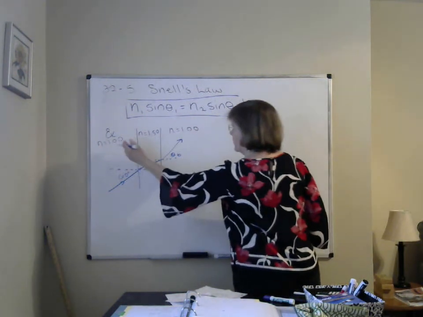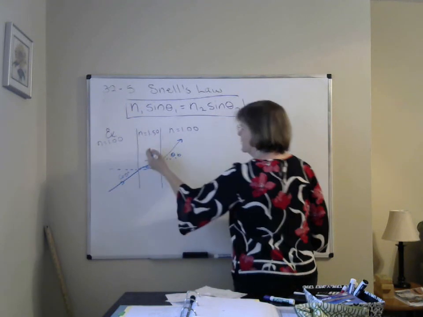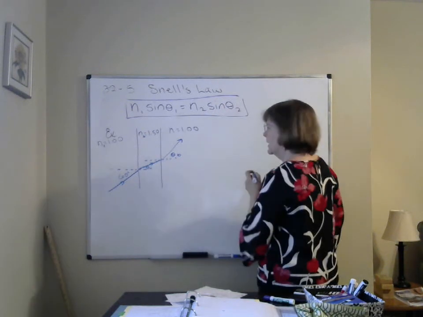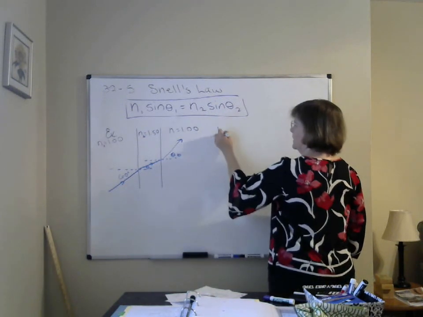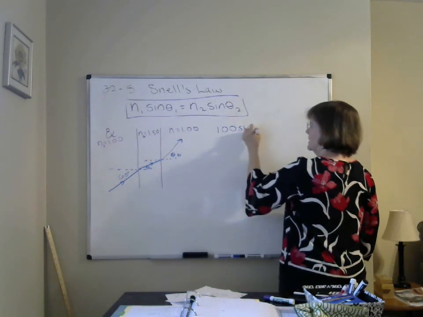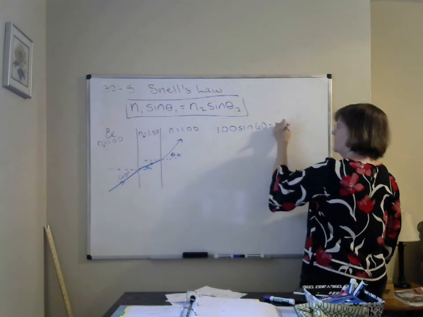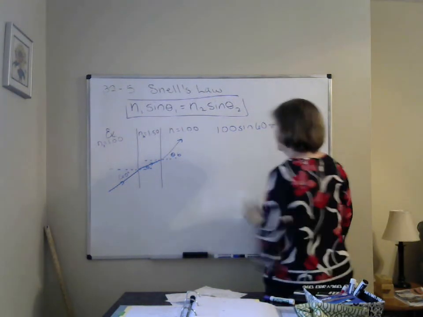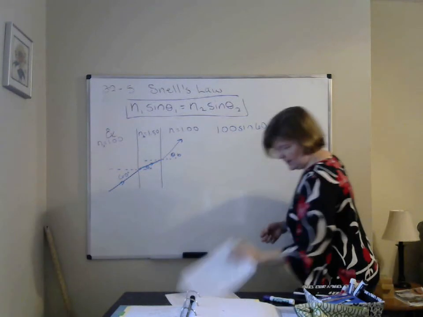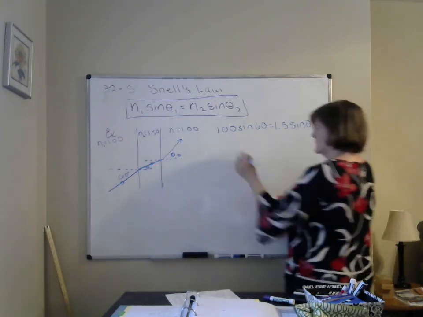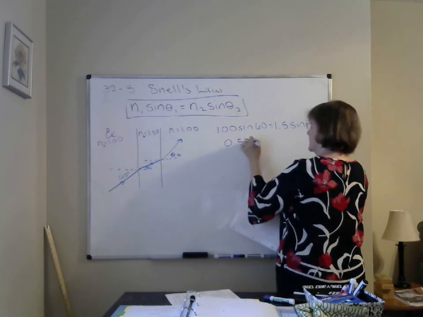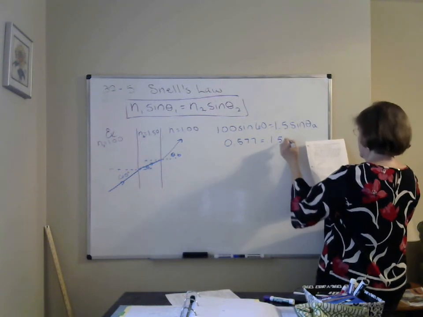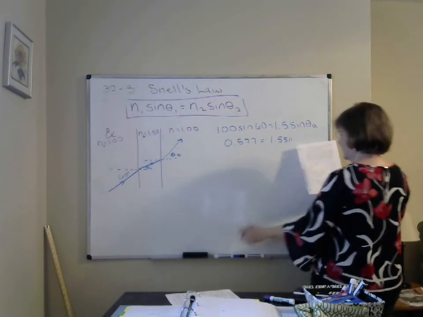So we're going to start going from here to here. Initially we'll call this N1, and this N2. And so we have 1 sine 60 equals 1.5 sine theta A, because I called it theta A in the picture. If I type into my calculator 1 sine 60, this is 0.577 equals 1.5 sine theta A. Whoops, I already divided by 1.5.